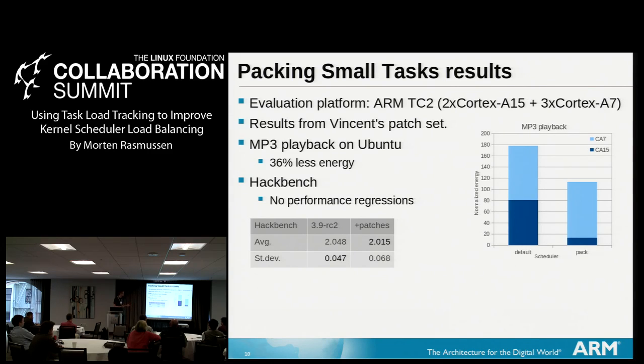If you have an SMP system where you can power gate some of the cores and leave others running, you'll get similar power savings. So what we have done here is run MP3 playback on Ubuntu. That should be a fairly small task to run an MP3 decoder.